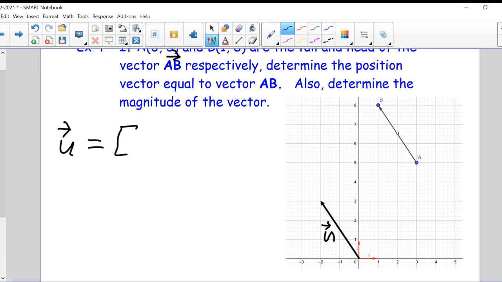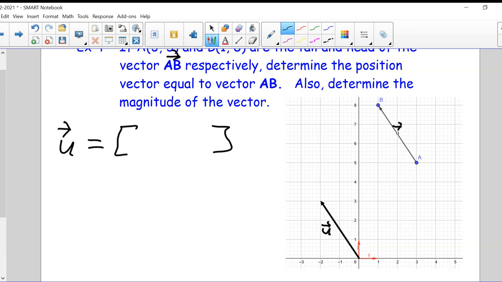I use my square brackets when I'm writing a position vector. So let me turn it over to you and ask you, what is this u? Let me make that u look a little bit more clear. It doesn't look like a u right now. So here's my arrow on top, and here's my u, just like this u here. This is a u vector right there.